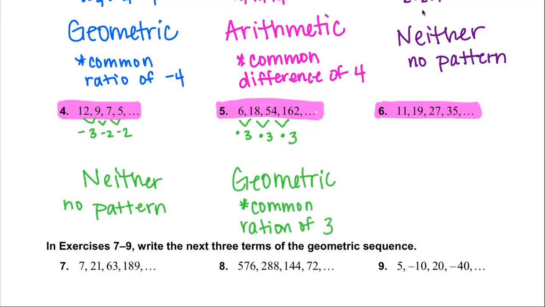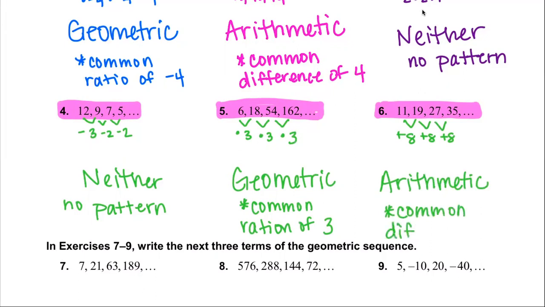Okay. Now over here, it looks like we are adding 8, adding 8, adding 8. So this is an arithmetic sequence because we are adding the same number over and over. We call that our common difference is 8.